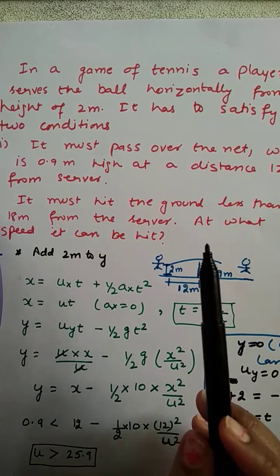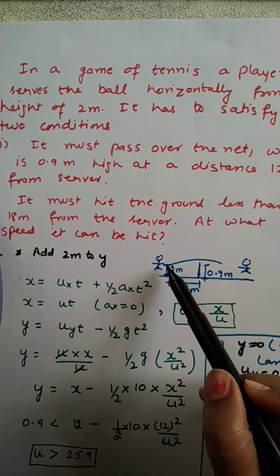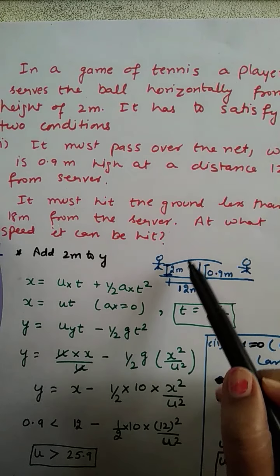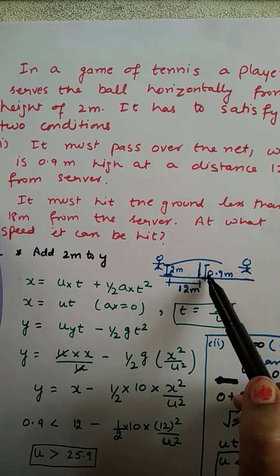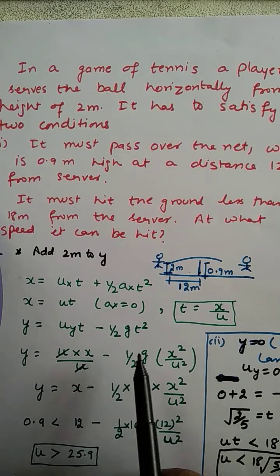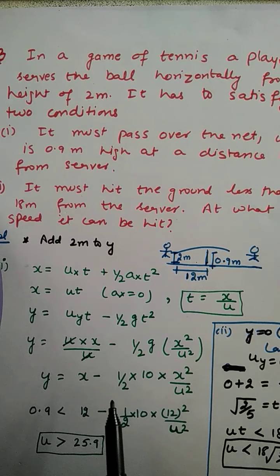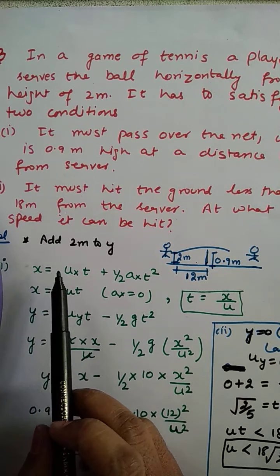So the first part of the question is that you have to calculate the minimum initial velocity with which this guy should serve so that the ball will clear the net, which is 0.9 meter high and 12 meter away. That means the velocity should be more than the minimum velocity, and the distance traveled is only in the x direction.